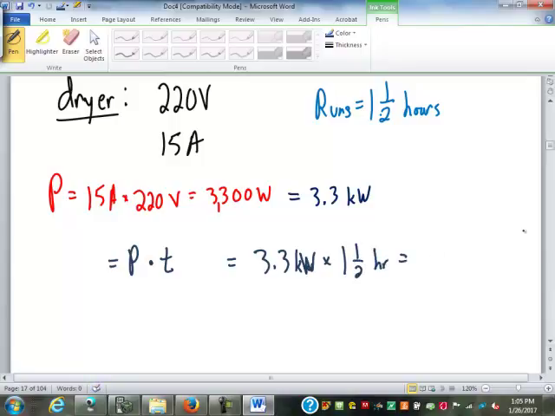Which is going to come out to be what? 4.95 kilowatt hours. That is the power consumed by that dryer in one 1.5 hour drying cycle.